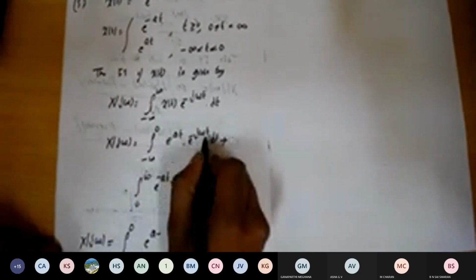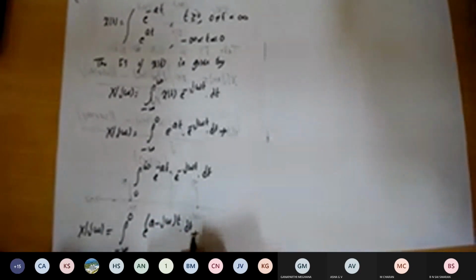Okay, so now I'll take the term common here. X of j omega is equal to the integral from minus infinity to 0; taking t common, the remaining term is a minus j omega, into t into dt.